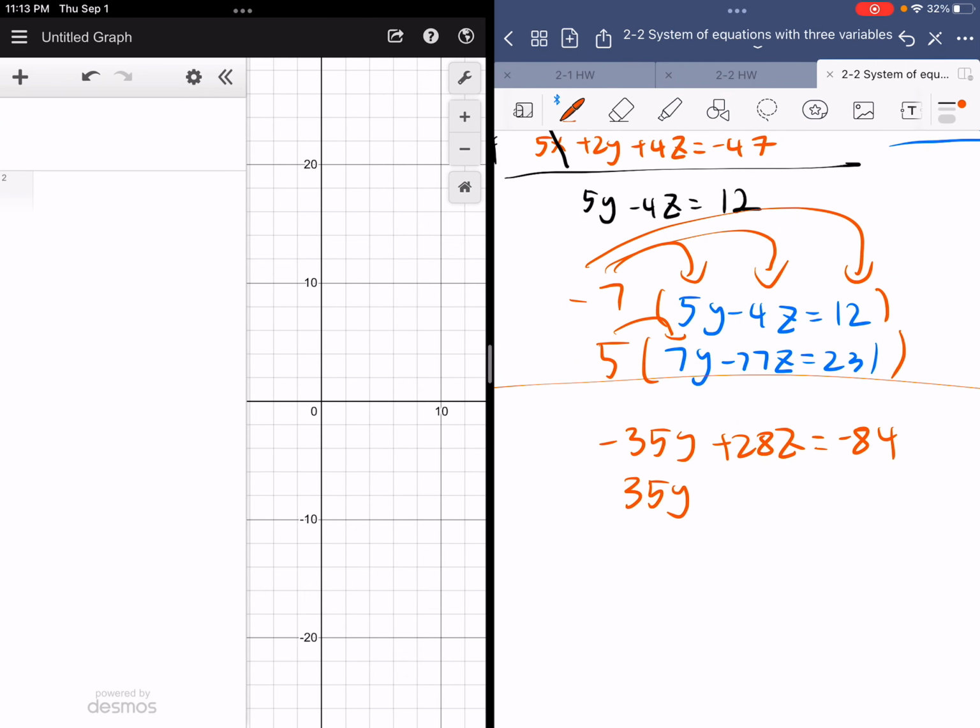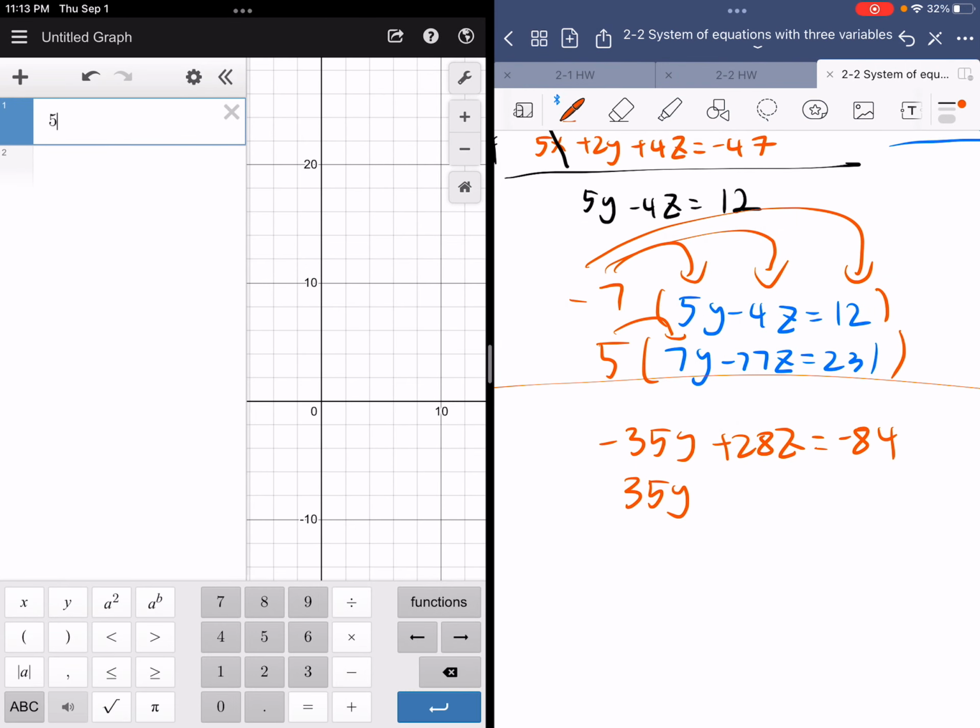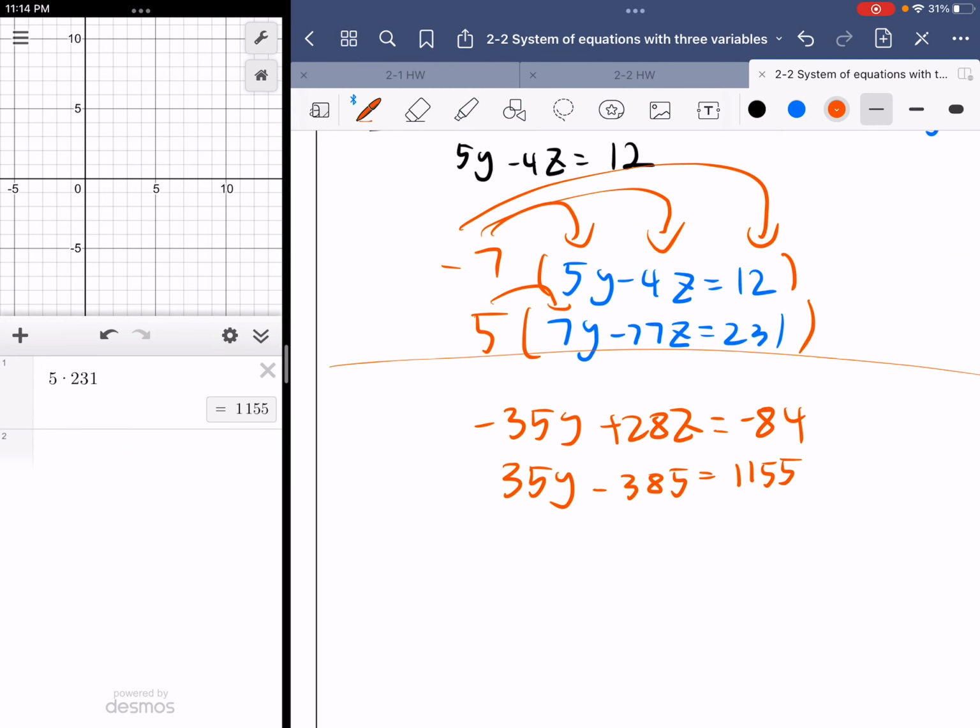Okay. So 5 times 77, so it's gonna be negative 385 equals 5 times 231, which will give you 1155. It's positive.